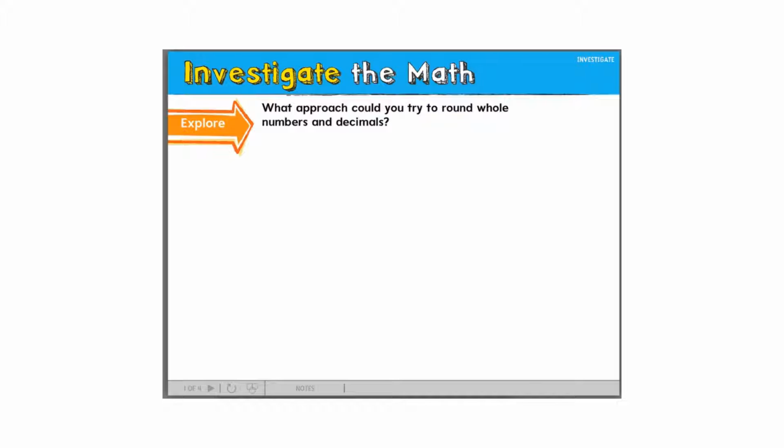Here we go. 4 and 795 thousandths. What happens if we round 4 and 795 thousandths to the hundredths place? Which digit is in the hundredths place? Nolan?